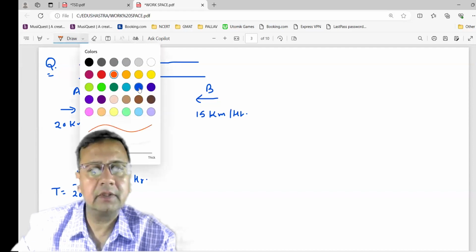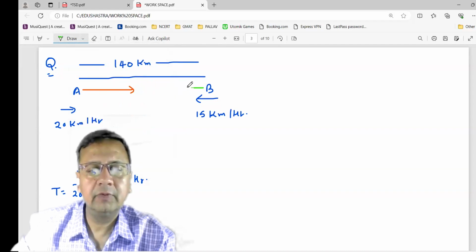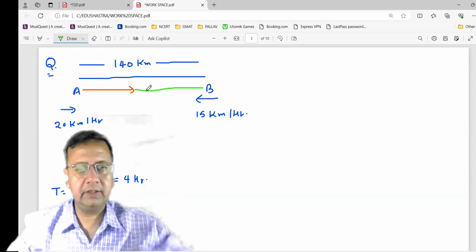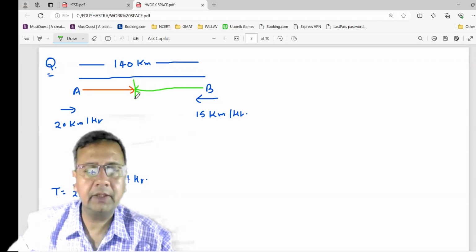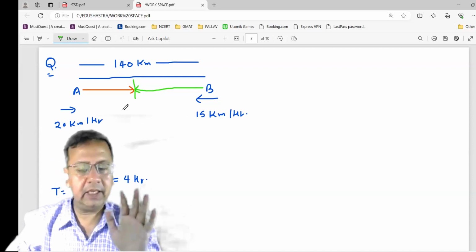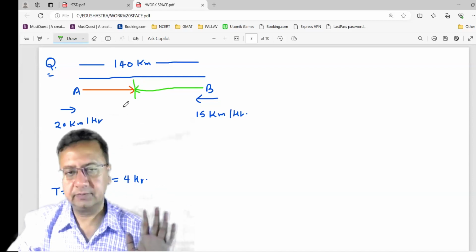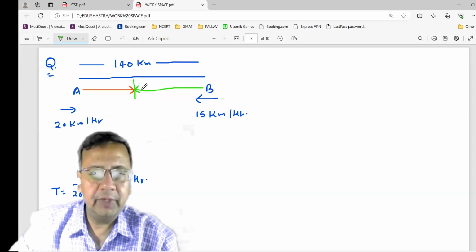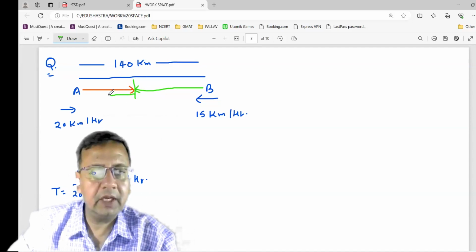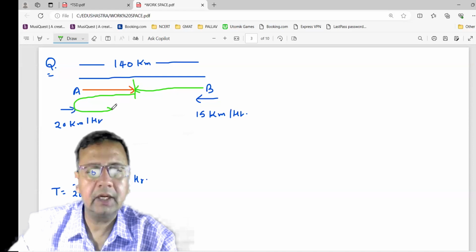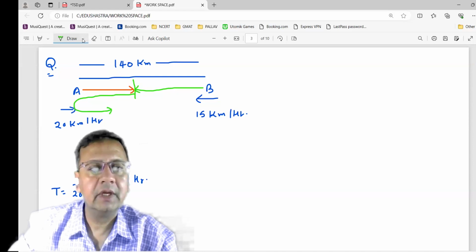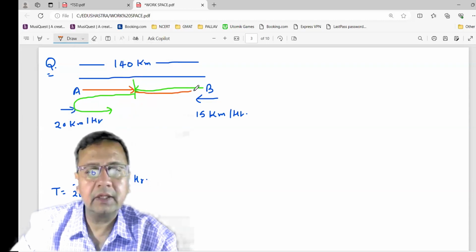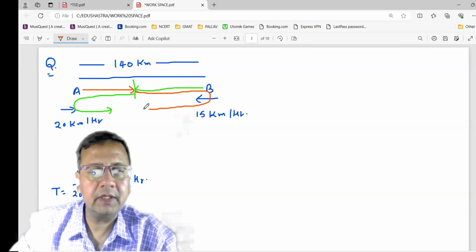And this person B moving like this, and they are meeting somewhere here in between, यहाँ पे ये मिल रहे हैं. अब क्या हुआ कि at this meeting point they are not stopping. वो यहाँ पे रुके नहीं. तो B ने क्या किया कि B is again moving and reaching the house of A and turns back. और जो A है वो भी नहीं रुका. ए ने क्या किया, यहाँ से चलता गया और बी के घर गया और वो वापस आ गया, है ना?